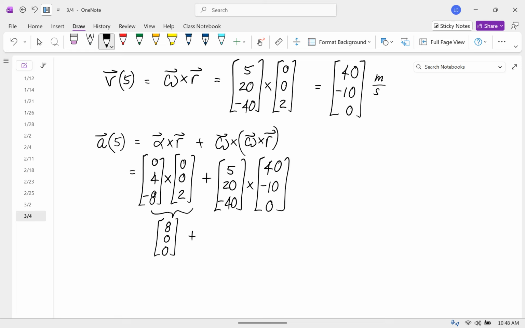And this one is negative 400, negative 1600, negative 750.